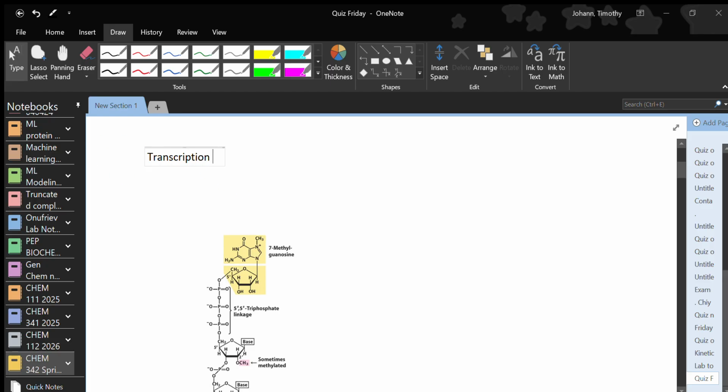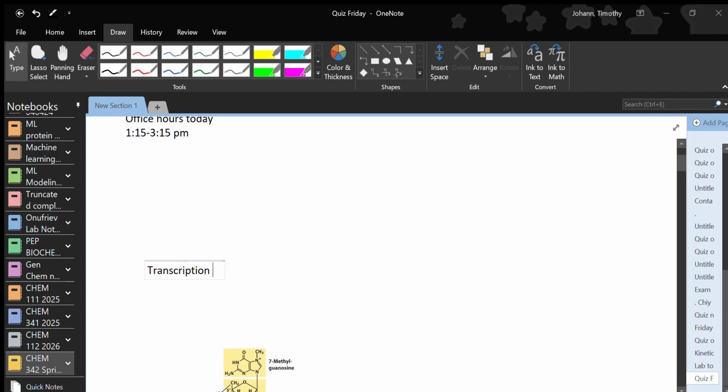So transcription is the process, just to remind us, we're talking about nucleotides, most of it, but we're going to talk about translation as well. We've got DNA goes to RNA goes to protein, and so far we have talked about DNA replication, DNA making DNA.